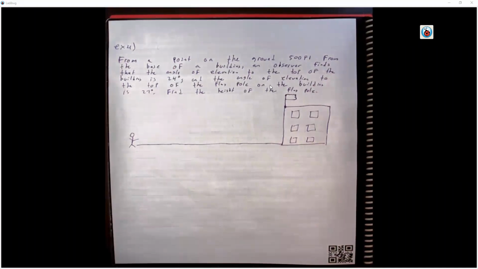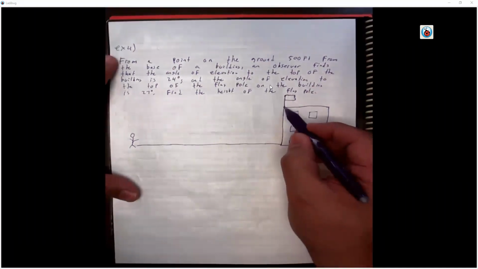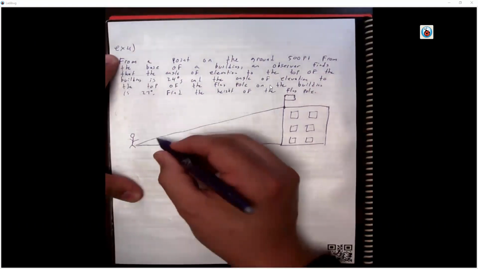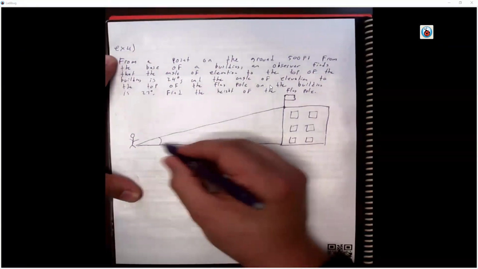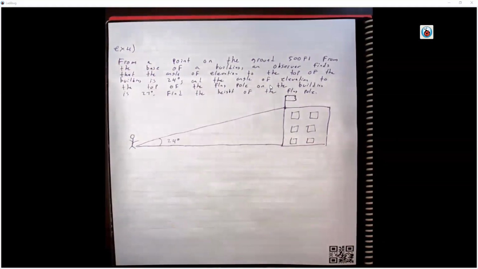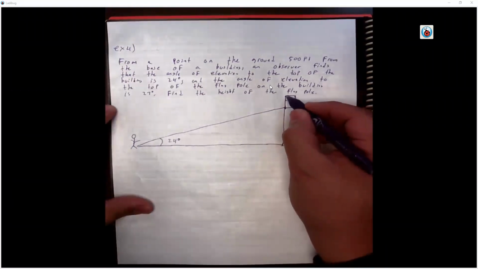Okay, so you stare at the top of the building. Let's say it's right here, and you create an angle of elevation to B. They said 24, right? You look up to the top, 24. Then you look again, but this time at the top of the flag, 27.